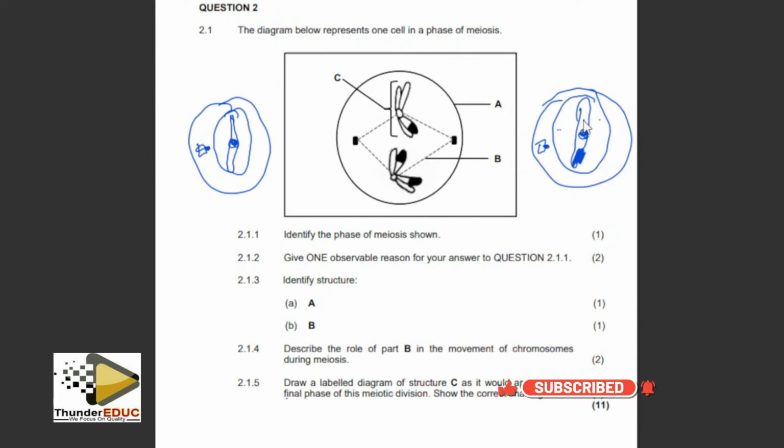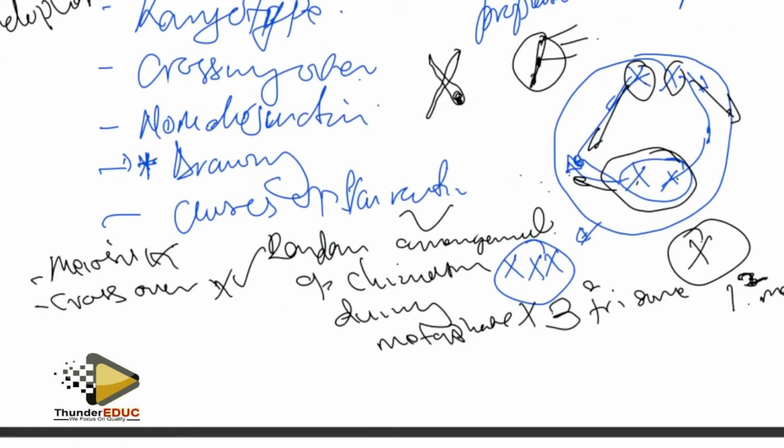Then after that, give a title and label cell membrane, nuclear membrane. You can talk about the centromere, and this is not a chromatid. This is a chromosome. These are called unreplicated chromosomes.